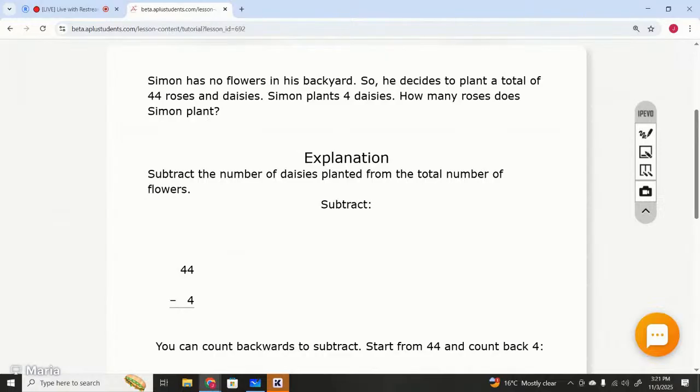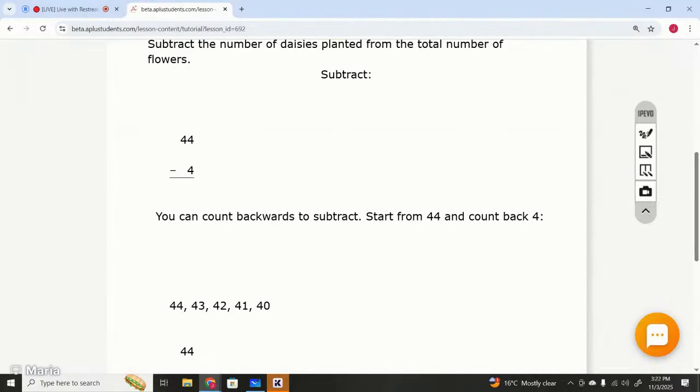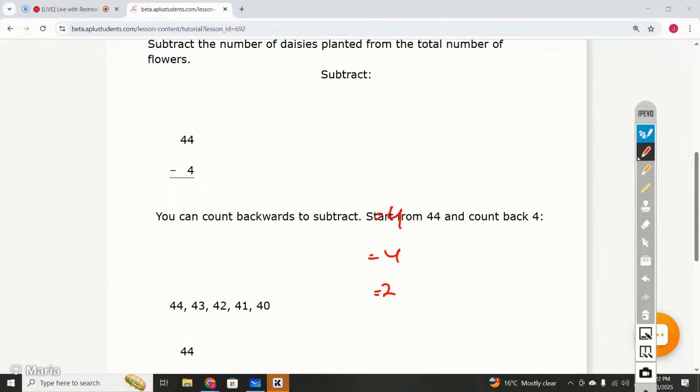How many roses does Simran plant? So 44 of them are roses and 4 of them are daisies. So 44 minus 4. 4 take away 4 is 0, and 4 it is, that is 40.